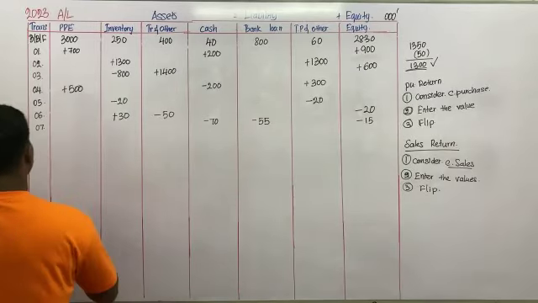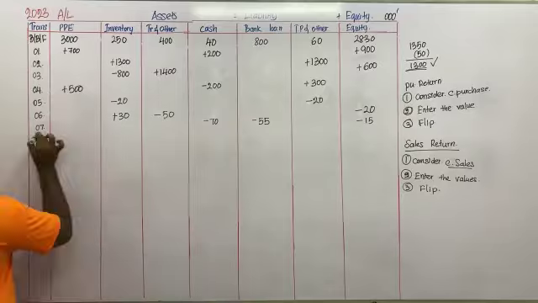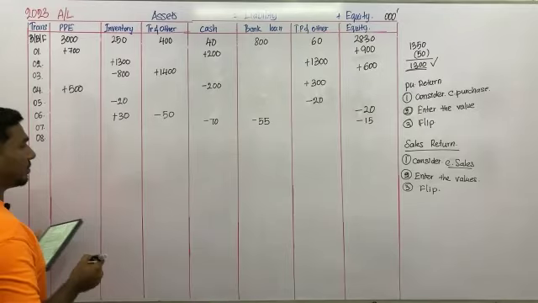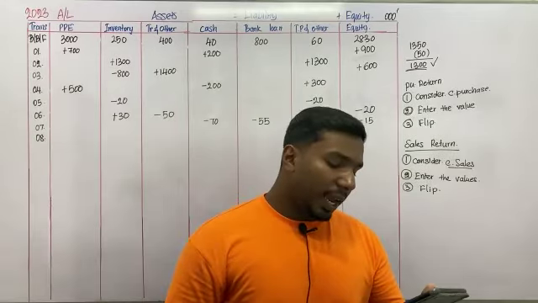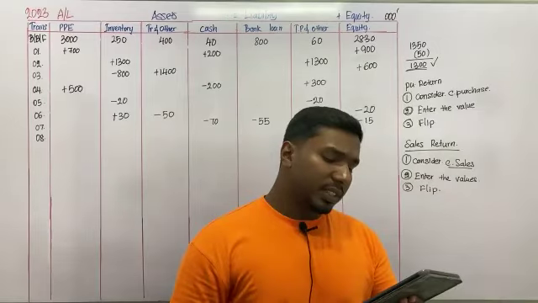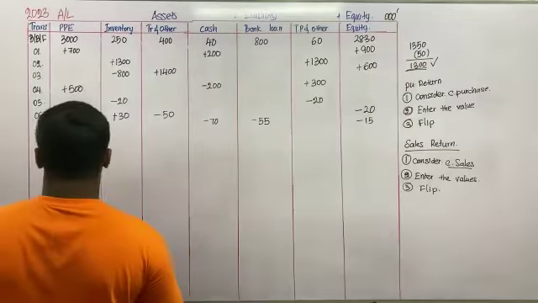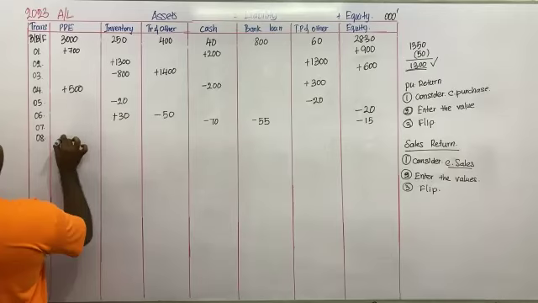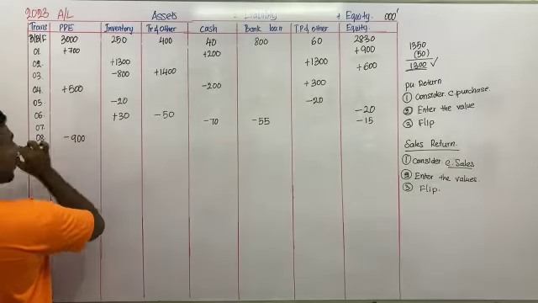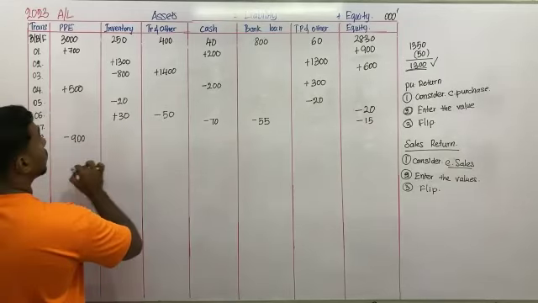After that, transaction number 8. A land of the business with carrying amount of 900,000 was sold for 1,600,000 for cash. So worth 900,000, sold for 1,600,000.